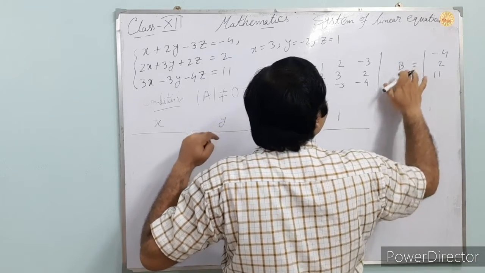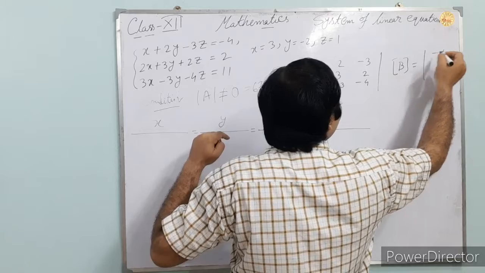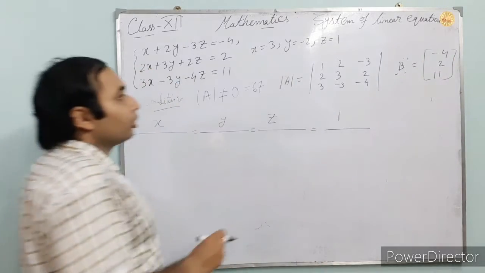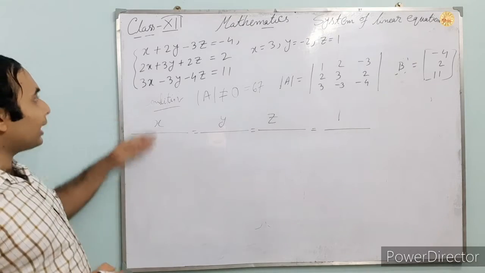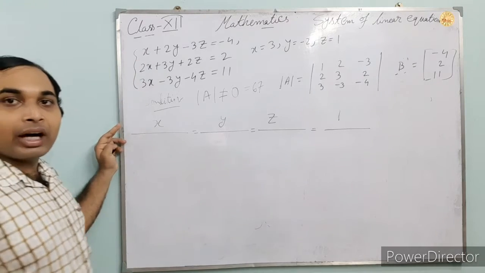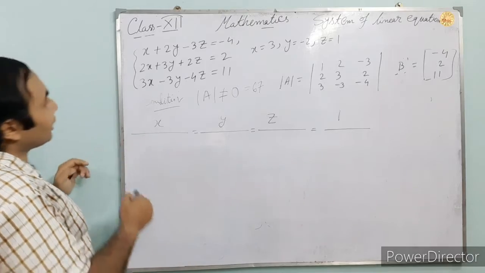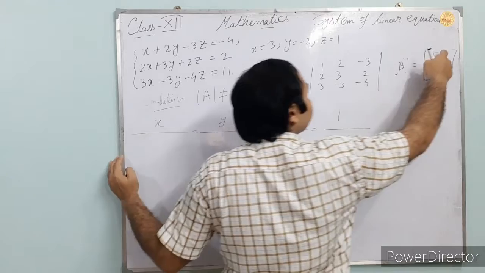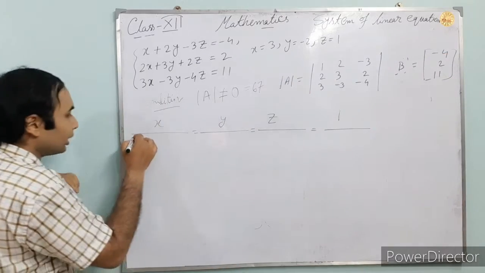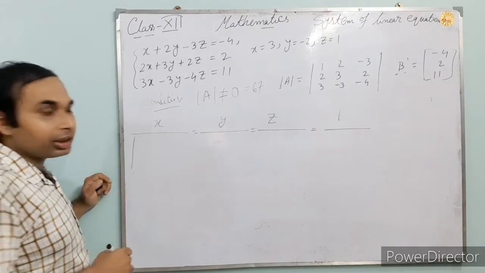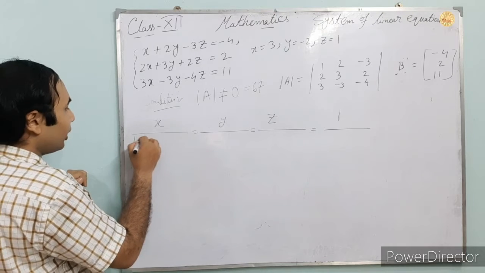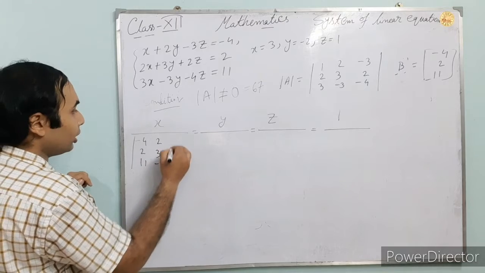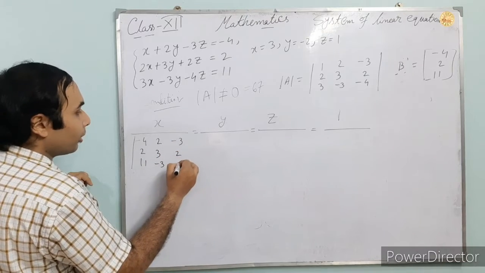Not mod B, actually the matrix B. So x is at the first column. When x is at the first column, instead of this 1, 2, 3, we will write minus 4, 2, 11. Just write that, also in determinant form. So minus 4, 2, 11; 2, 3, minus 3; minus 3, 2, minus 4.